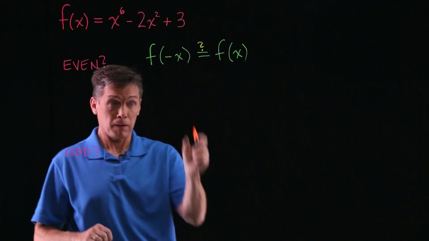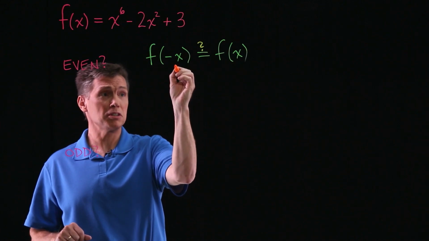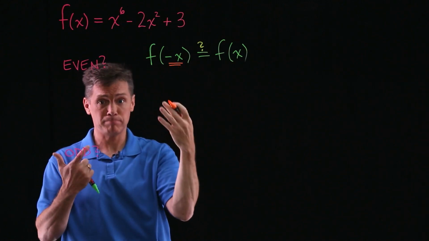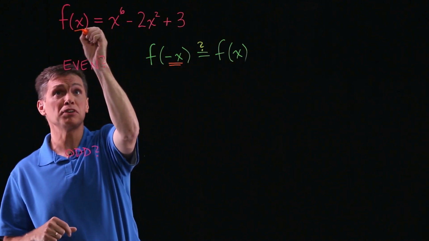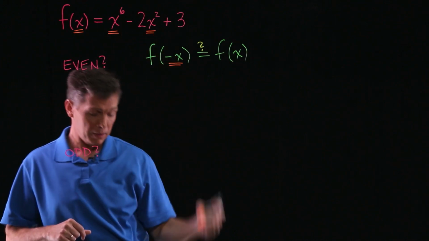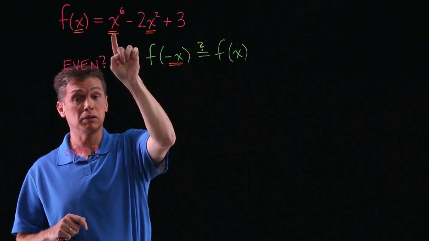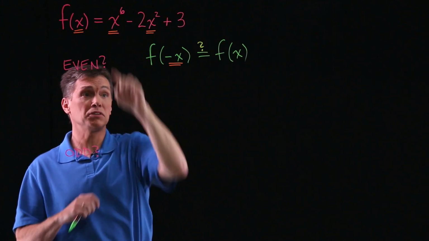So to start, on the left-hand side, you got to recognize that this is actually function notation, f of something. So back up to the original function, we've been doing function notation for a while. That just means I'm going to take the argument, in this case minus x, and put it in the original function wherever I see an x.